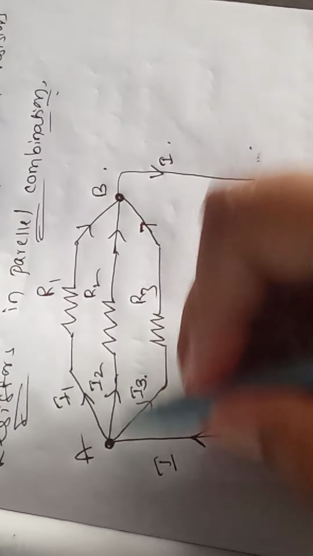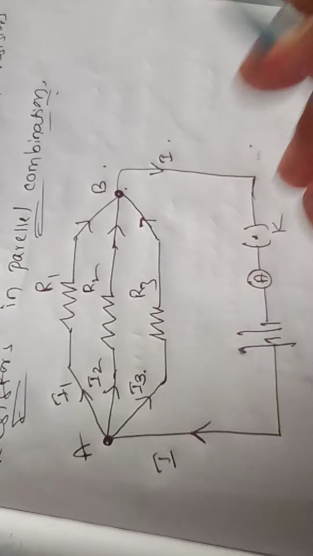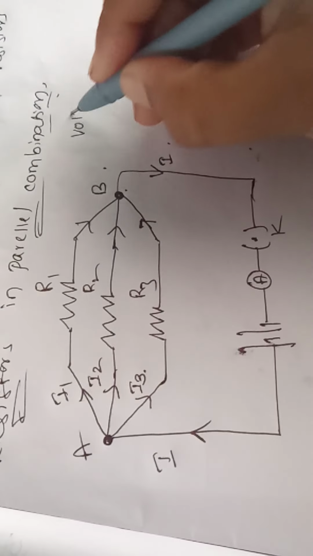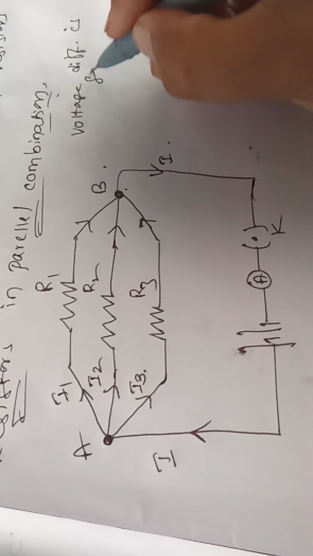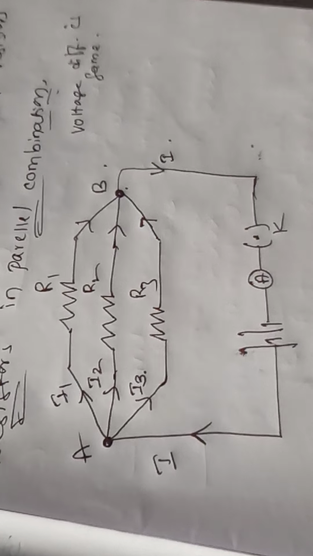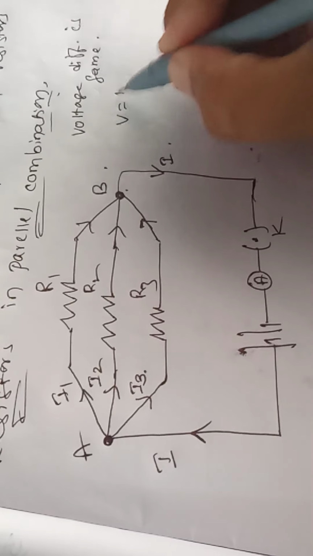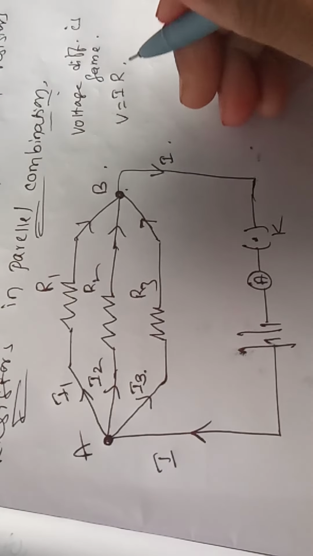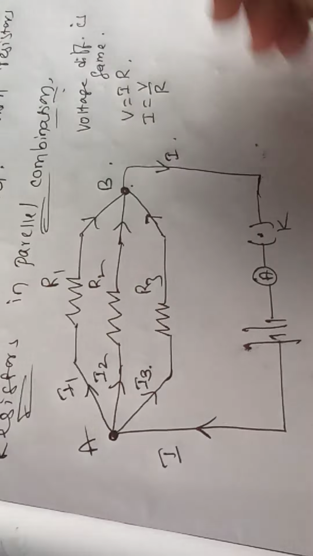Now at these end terminals in a parallel connection, we find that the potential difference is the same. Okay, now as usual using Ohm's law, V equals IR, we can write I equals V by R, right?